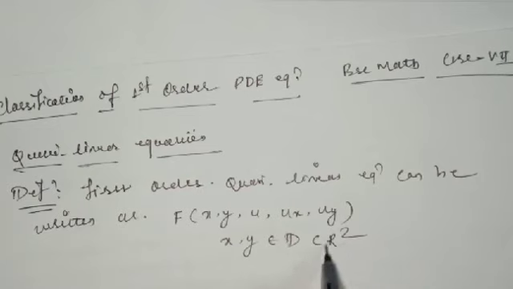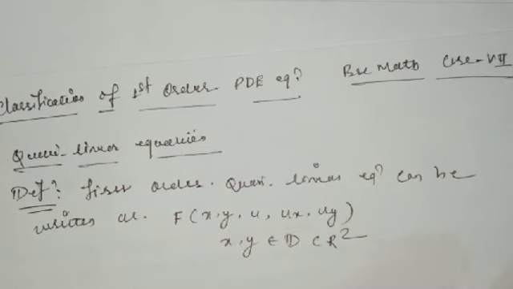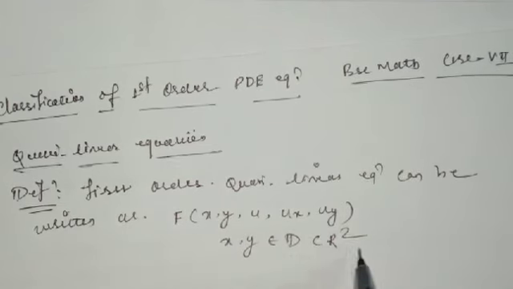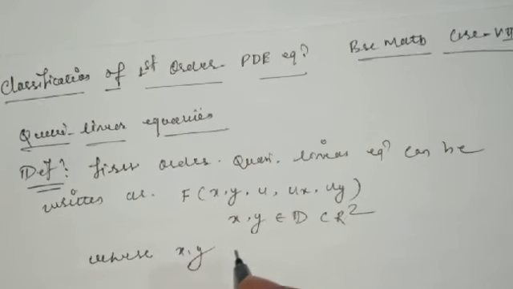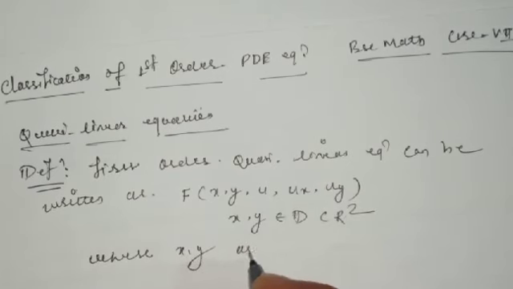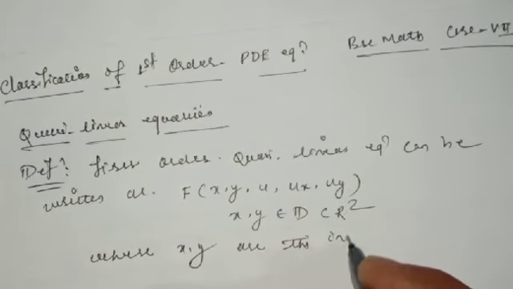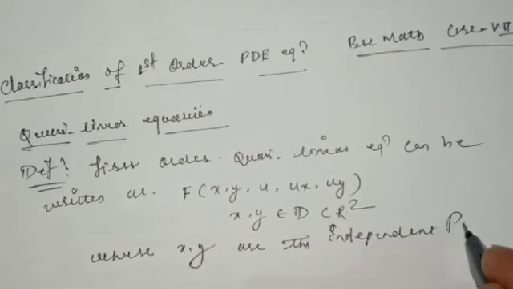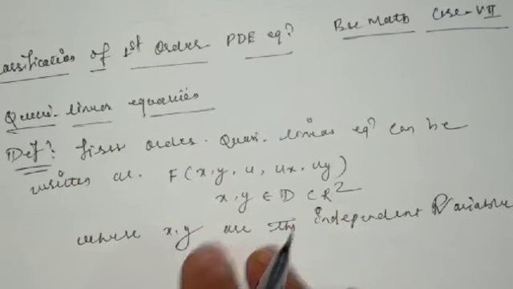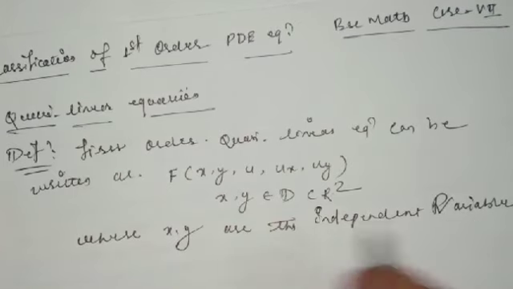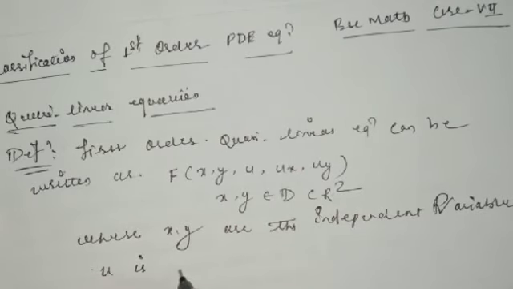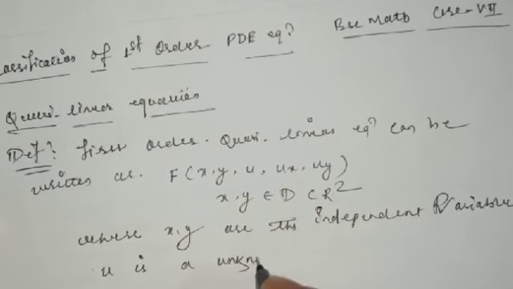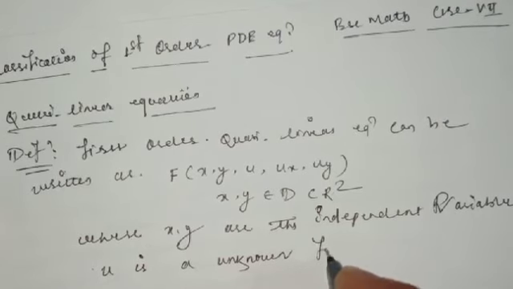R2 means it is a two-dimensional plane, and in two dimensions we have x, y as coordinates, where x, y are the independent variables. And u is an unknown function.